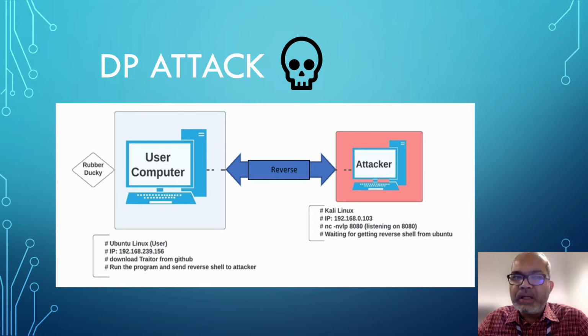As soon as I plug my device into that machine, the Ducky script runs immediately and provides my Kali Linux a new root shell of that user's Ubuntu machine. Now you can imagine what anyone can do with a root shell of that specific Ubuntu machine. Note that the technique is called reverse shell. Let's demonstrate the attack on the next slide with a screen capture video.